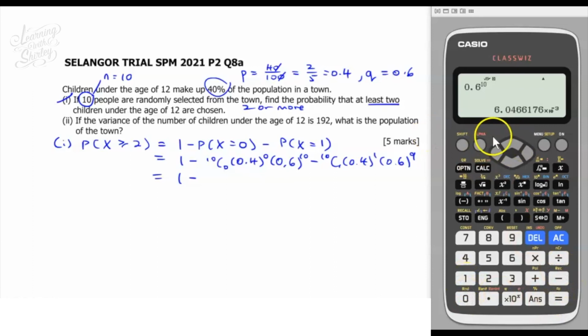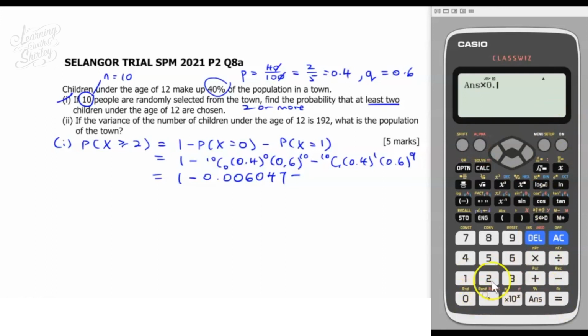Okay, so you get 0.006047. Then minus, let's calculate this: 10C1. 10, then shift, and then C, divide, and then 1, then equals, which is 10.